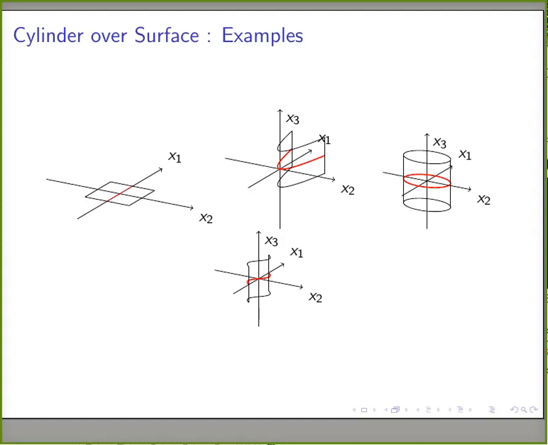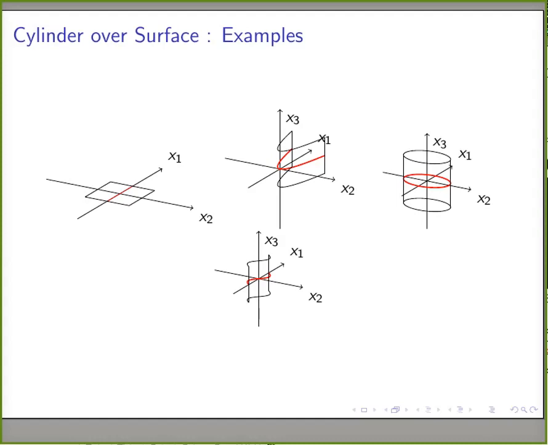And this function is the ellipse drawn in red, the third image, in the x1, x2 plane. It is an ellipse with radius 2 on the x1 axis and radius 3 on the x2 axis. And if you extend this ellipse along the x3 axis, you will get the cylinder, which is what is demanded in the question.